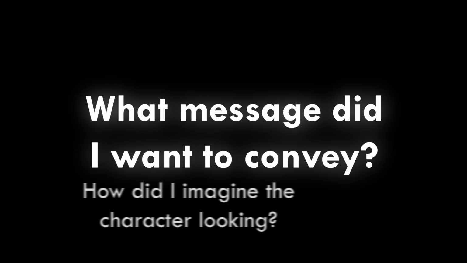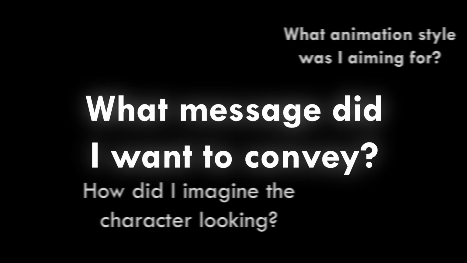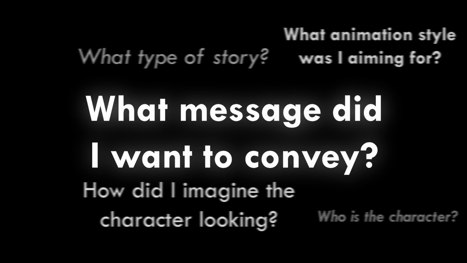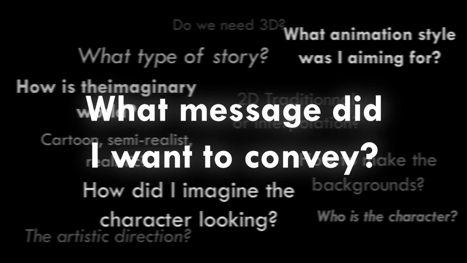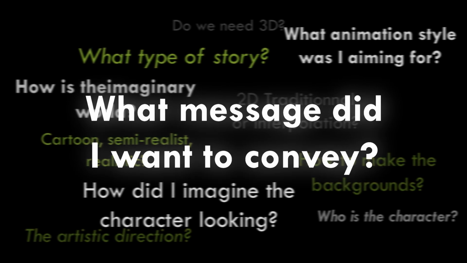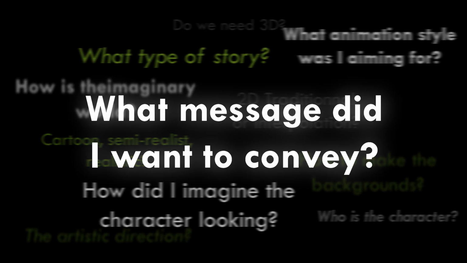Like, what message did I want to convey? How did I imagine the character looking? What animation style was I aiming for? All those questions you can ask yourself when you're writing a story. For some of them, I had answers, and for others, things were more blurred.